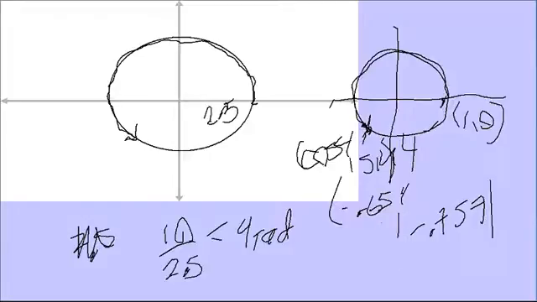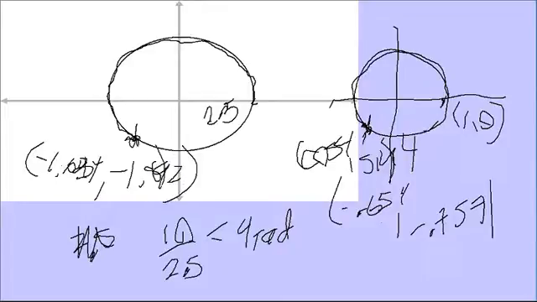Now to translate that into this ordered pair in kilometers, we just multiply by our radius length, 2.5, and we would get negative 1.634 kilometers for the horizontal, and negative 1.892 for the vertical.